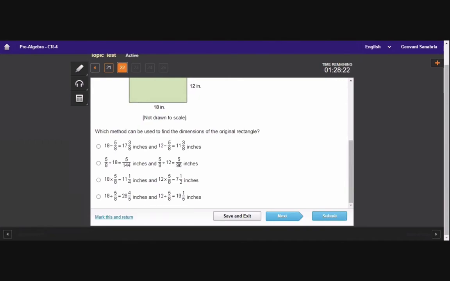Oh, this one. I think it's the last one. I remember we did it on one of the pre-tests, right? I think you're right. Yep. Because obviously it wasn't the first. If you're going from the scale drawing back to the original, you divide. Perfect.